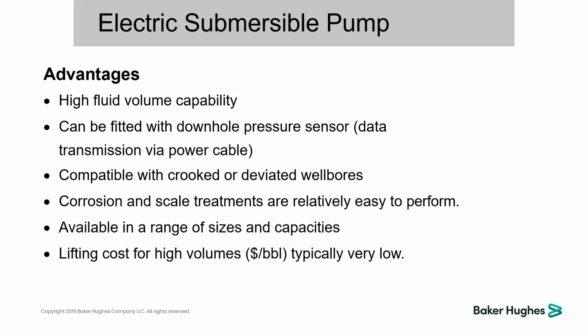You have to compare apples to apples. So you compare one well producing 2,000 barrels with ESP and one well producing 2,000 barrels with PCP, and compare the cost associated with both scenarios. That will be an apples-to-apples comparison. At that point, you will have an efficient cost per barrel for ESP.